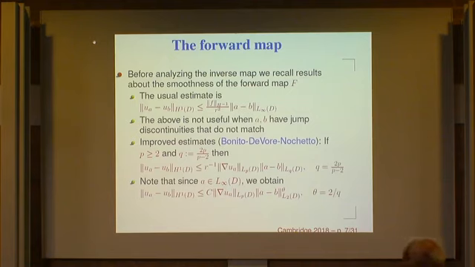And here is a result that I proved with Andrea Bonito and Ricardo Nochetto, that you can estimate the deviation here in terms of not A minus B in L infinity, but in an LQ norm. Good, because in LQ norm, two discontinuous guys, their norm can be small in LQ, it just will depend on the measure of the set where they deviate from one another. So that's the good news. You see, you have a nice inequality.